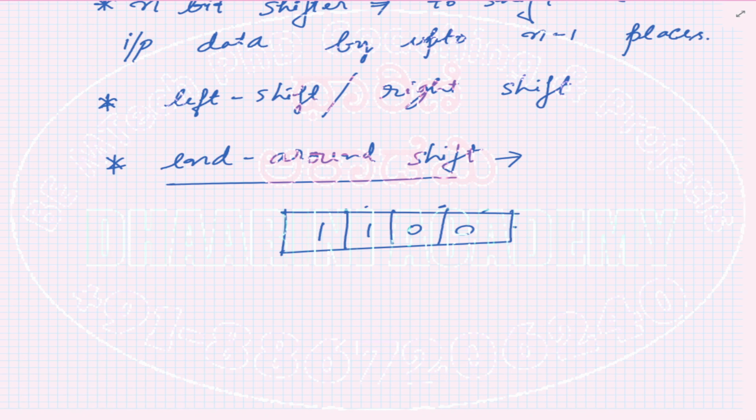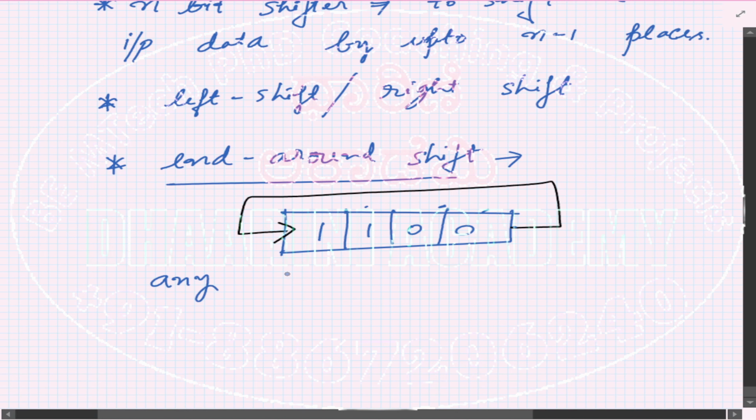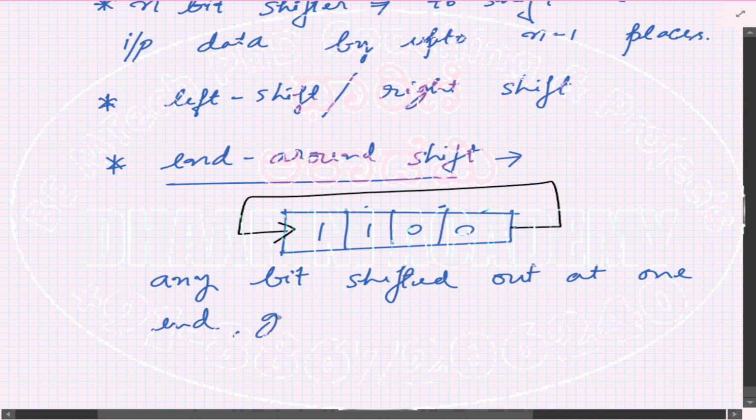Okay, so if somebody opts for an end around shift, this means any bit that is shifted out at one end gets shifted in at the other end.